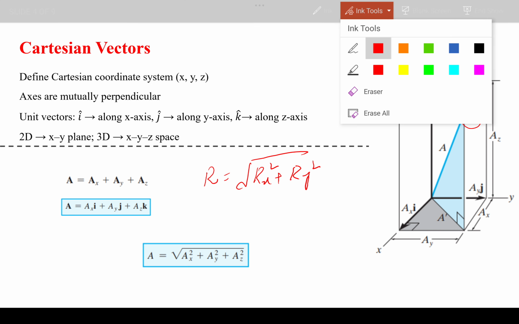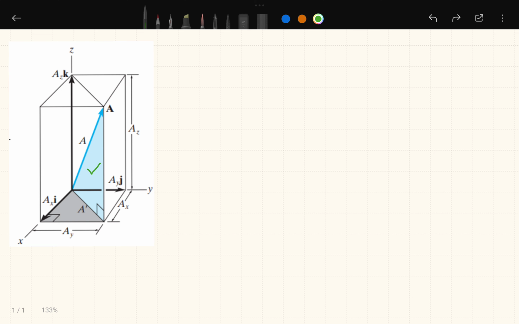So what will happen in this case? Let's consider this blue triangle only at the moment. This blue triangle is a combination of two components. One is A prime and the second is this vertical component, which is equal to the z component. So we split this vector A into two components. One is A prime, which is in the horizontal plane, and one is the vertical component Az.